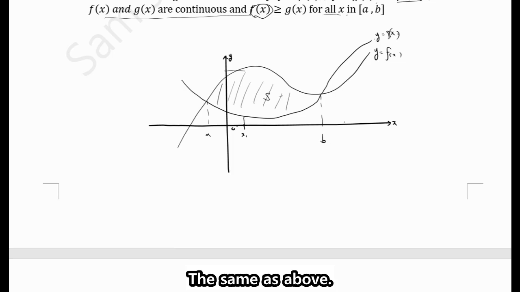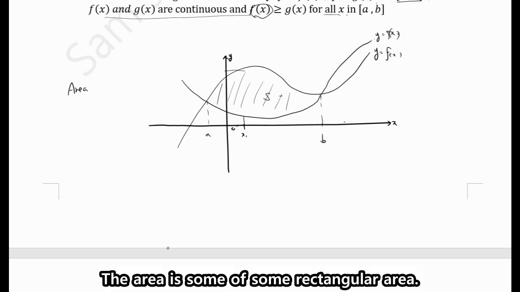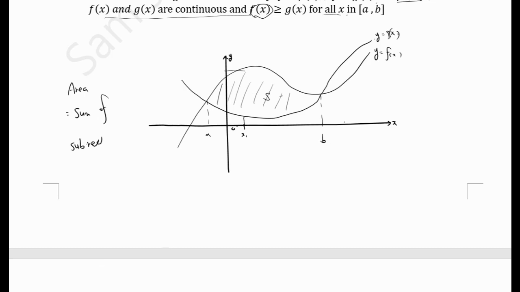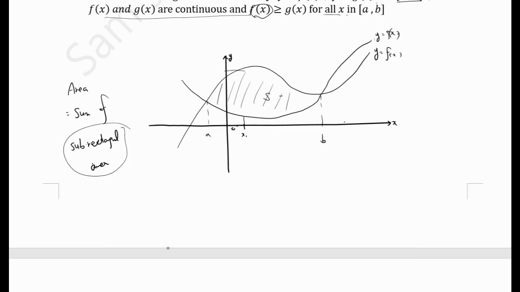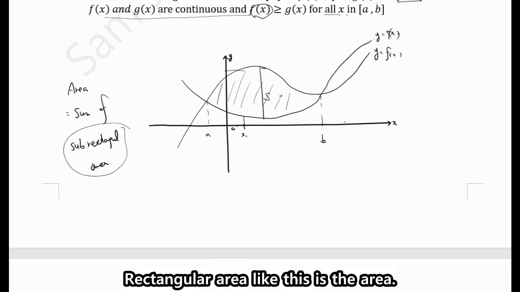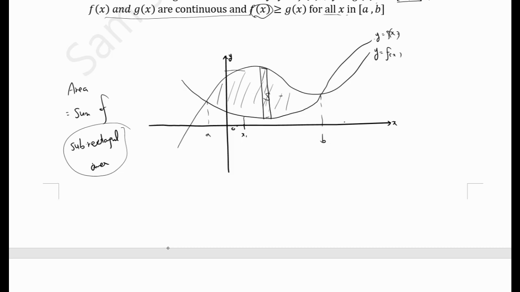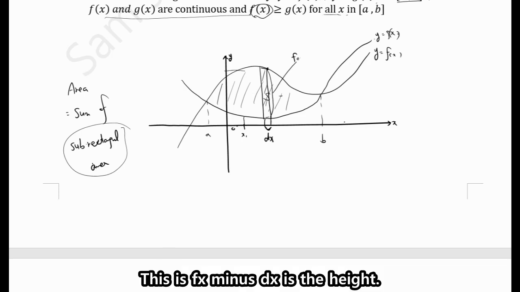The same as above, the area is the sum of subrectangular areas. So firstly we have to find the subrectangular area. For a rectangle like this, the base length is dx. The height is f(x) minus g(x).